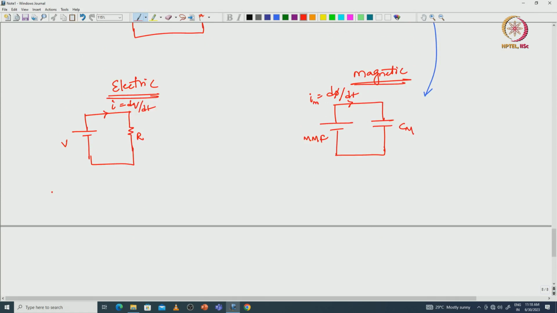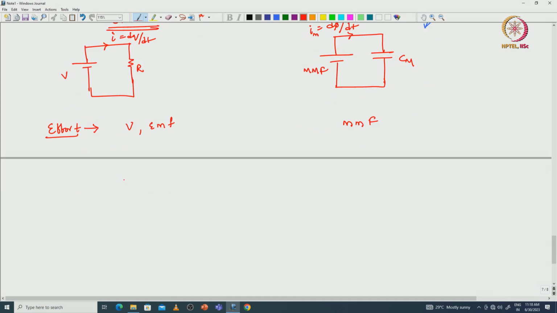Here the effort variable is what? Voltage on this side, MMF on the magnetic side, or we can call it EMF at the electrical side, similar to MMF at the magnetic side. The flow variable is the flow of charge, that is dq by dt, I equals dq by dt.